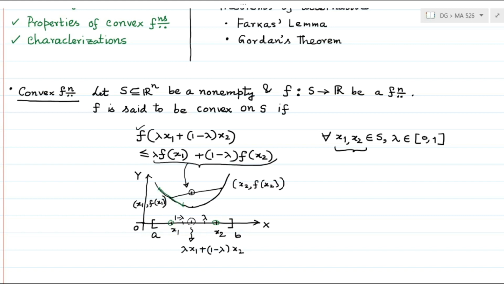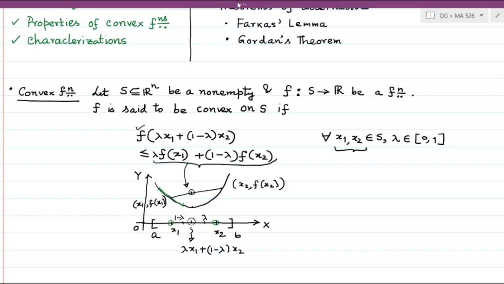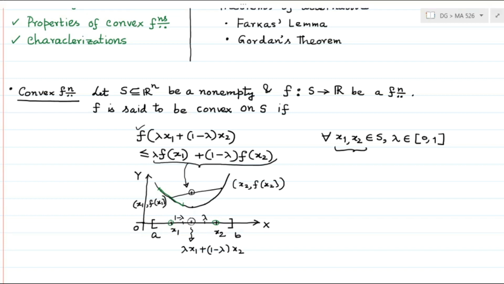Similarly, if I consider another 2 points, this point and this point, the graph of the function must lie below this chord. And accordingly, the graph of the function must have a figure like this, parabolic type.